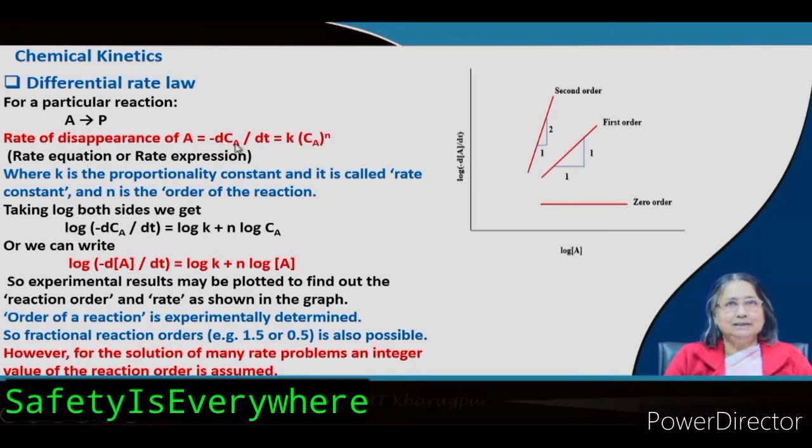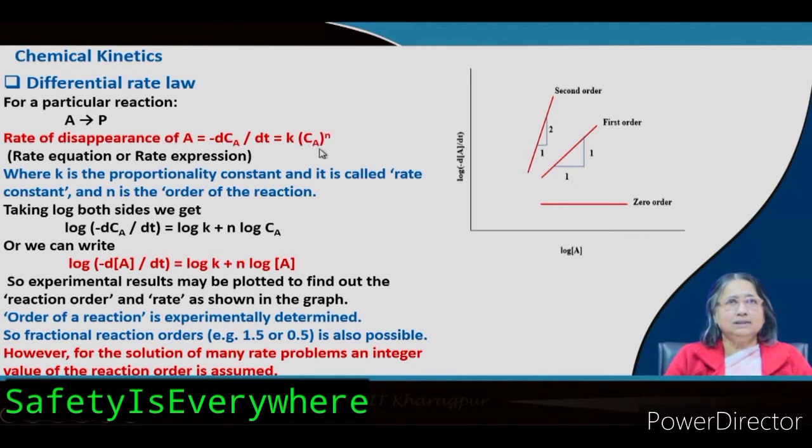So the rate is minus dCA/dt, and the rate is related to the concentration in some way. Rate is nothing but k, the proportionality constant, times CA.